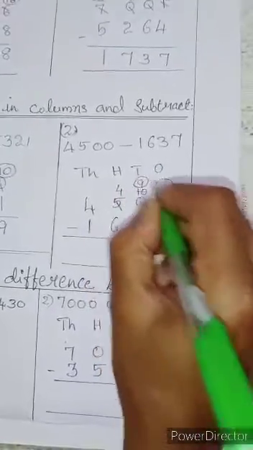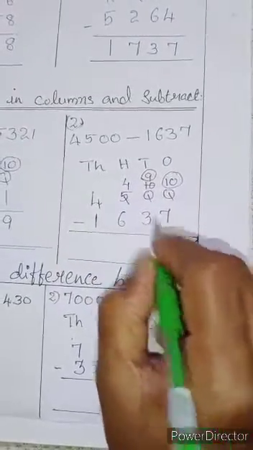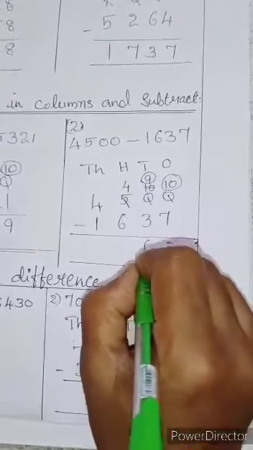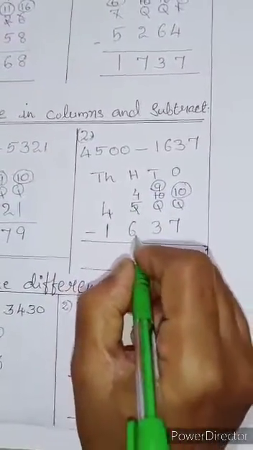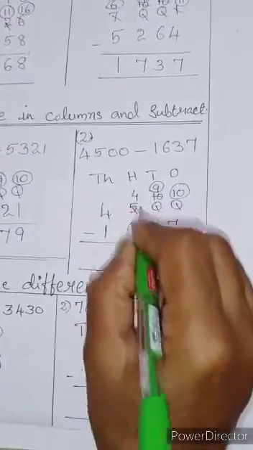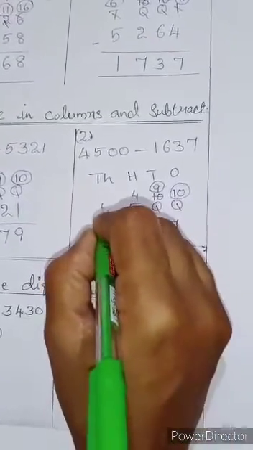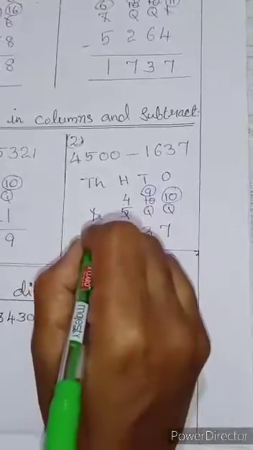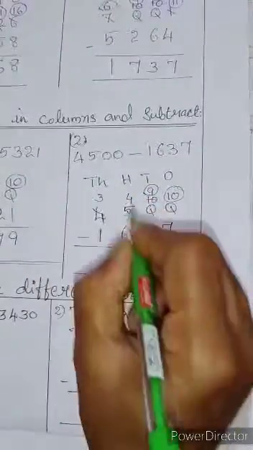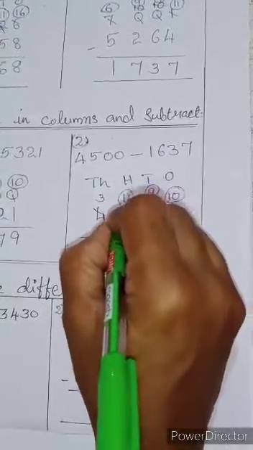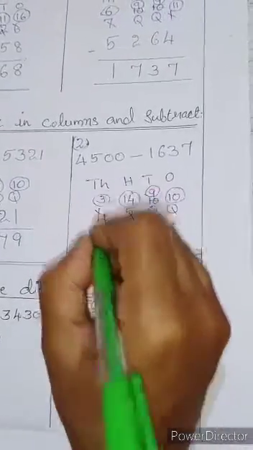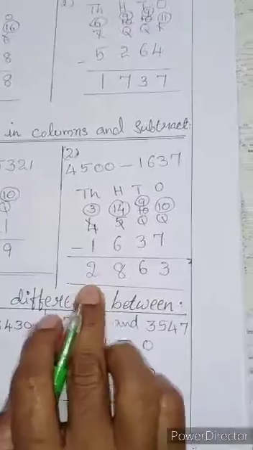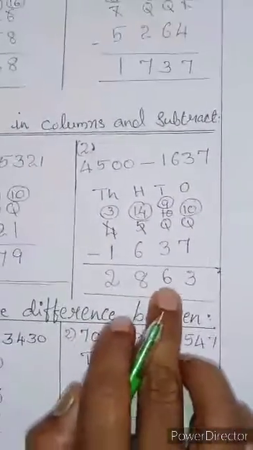Now 10 minus 7, 3. 9 minus 3, 6. Here it is 4. You cannot subtract because 4 is smaller than 6. You borrow from thousands place. 4 minus 1, you write here 3. And this becomes 14. 14 minus 6, 8. 3 minus 1, 2. So your answer is 2863.